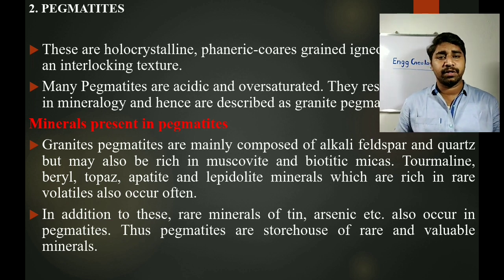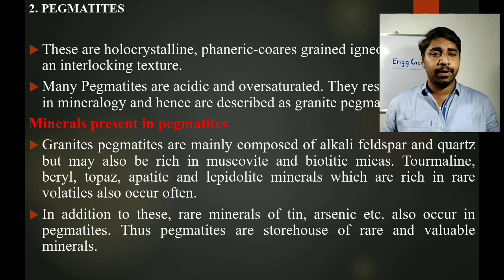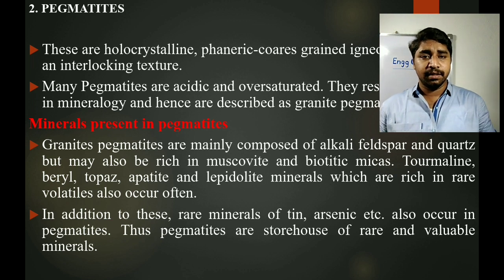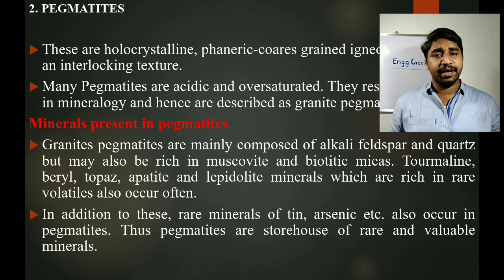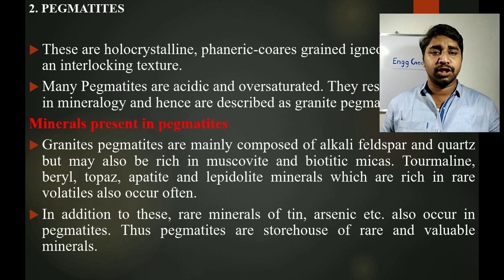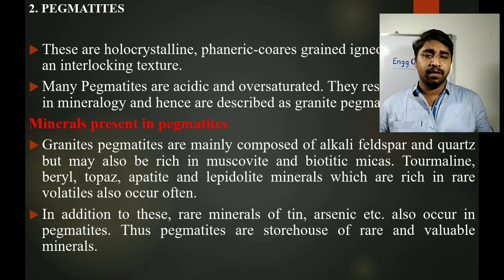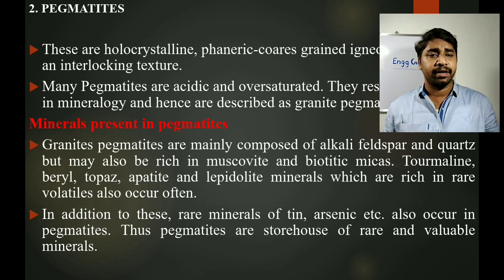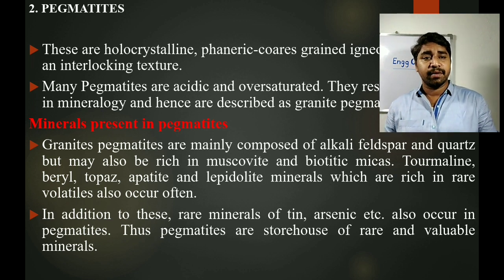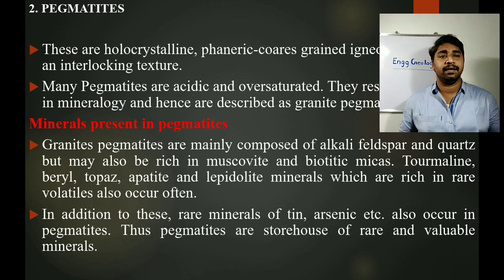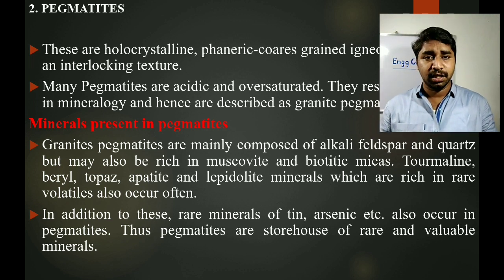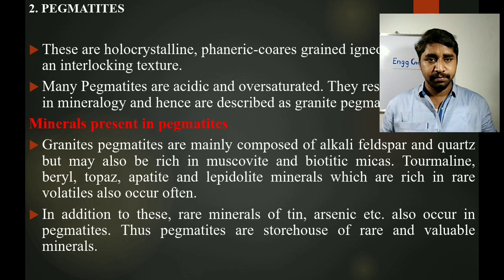Tourmaline, beryl, topaz, apatite, lepidolite minerals are rich in some varieties of these pegmatites. In addition to these, rare minerals like tin, arsenic, etc. are also occurring in pegmatites. So this is also an important point: rare minerals like tin and arsenic are going to be available with these pegmatites.